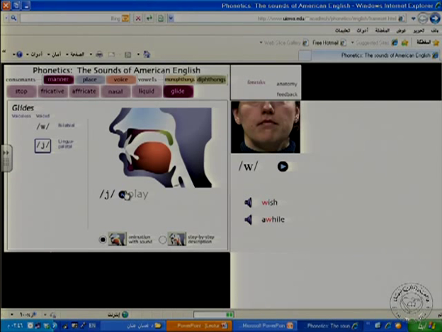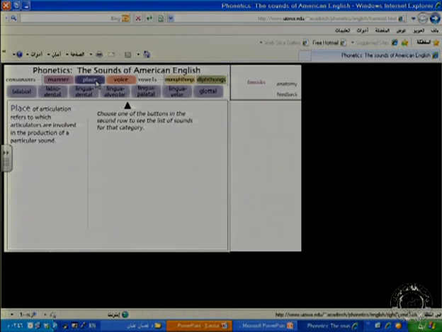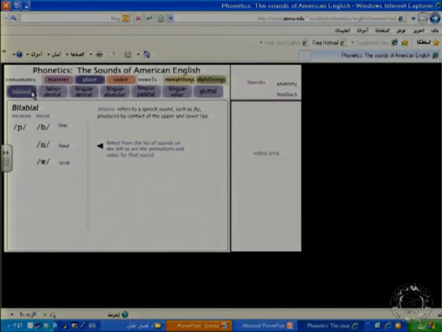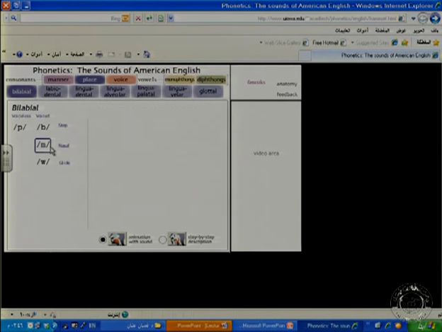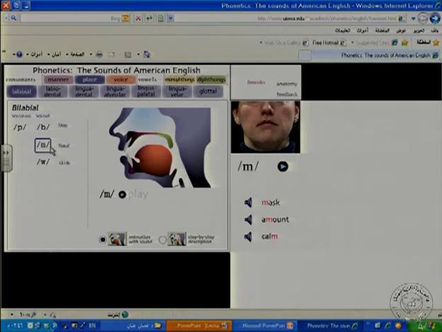This website is really very interesting. You can just try it. You'll find it very useful. If you click and select any sound, for example bilabial, this is the m sound, the same. So names are a little bit different, but the place and the manner of articulation do not change.